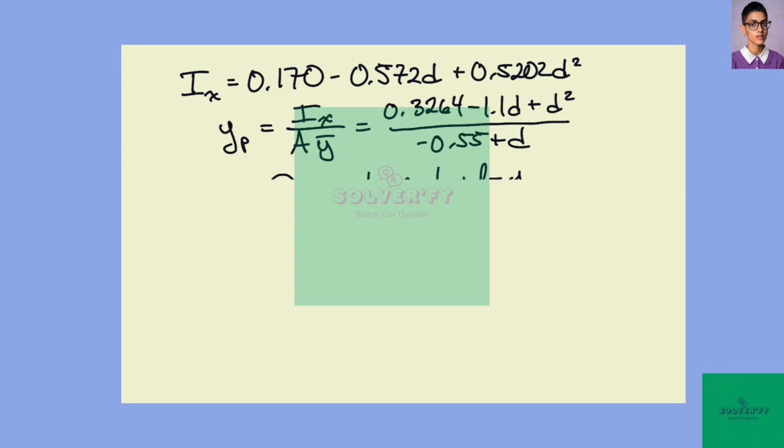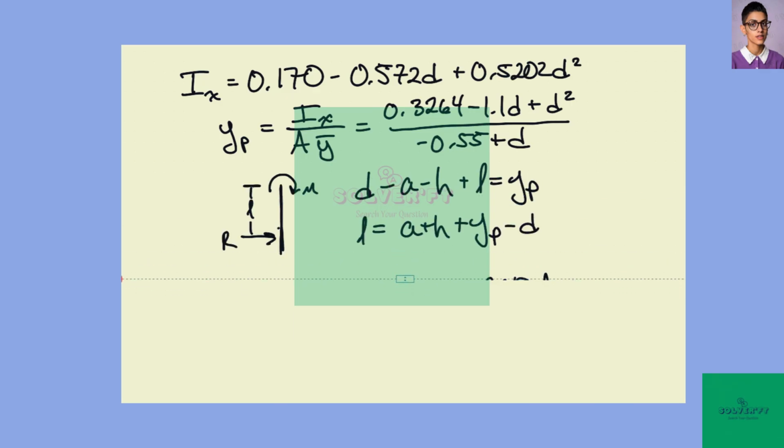So we find that the center of pressure is 0.3264 minus 1.1 d plus d squared, all over minus 0.55 plus d. So we have this expression now in terms of d, and now we need to do some mechanics to see a free body diagram of the gate. So the gate is pivoted about this point, and there's a couple of springs holding it shut with moments, and then we have the resultant force from the pressure in the water acting at some distance L from this pivot point.